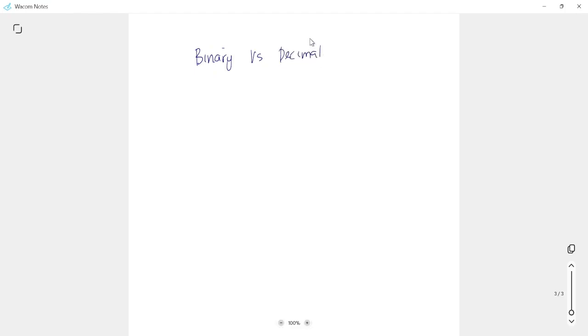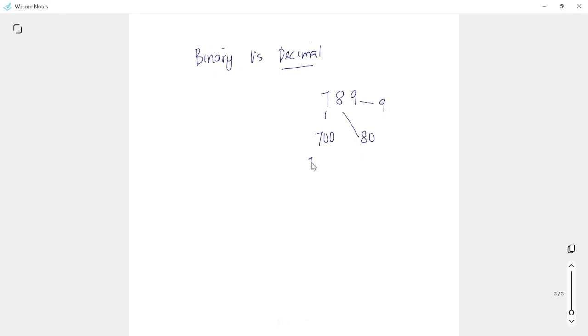If you remember, when we were looking at decimal numbers, we looked at something called place value. For example, if you take the number 789, 7 is nothing but 700. The place value of 7 is 700. The place value of 8 is 80. And the place value of 9 is 9.